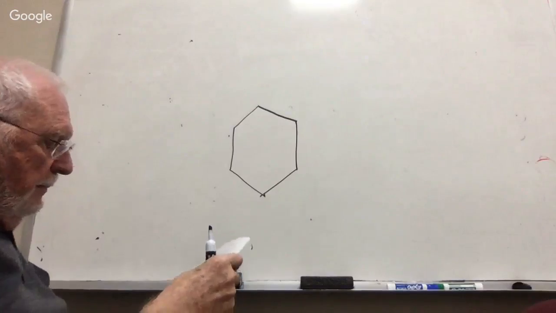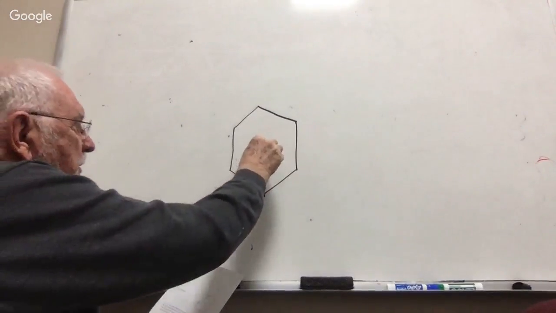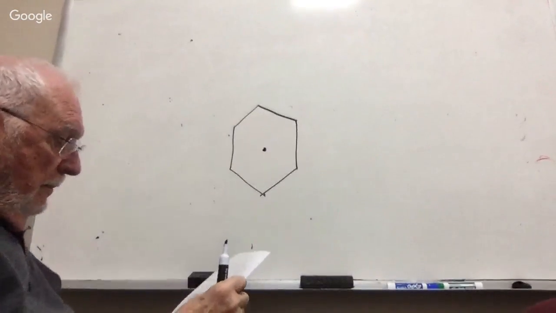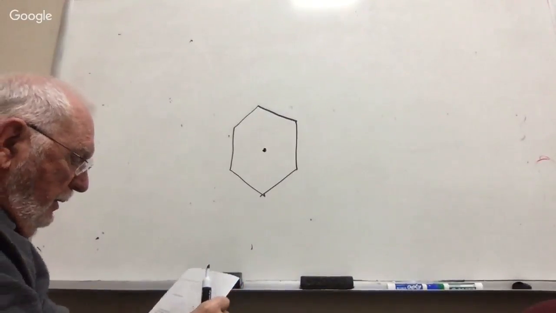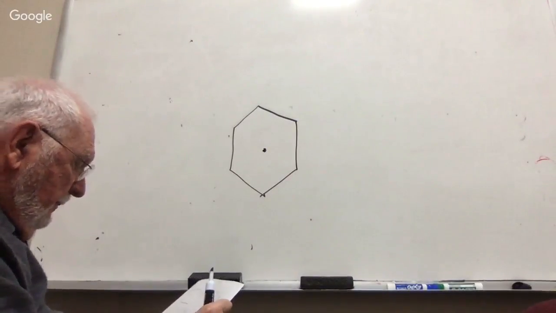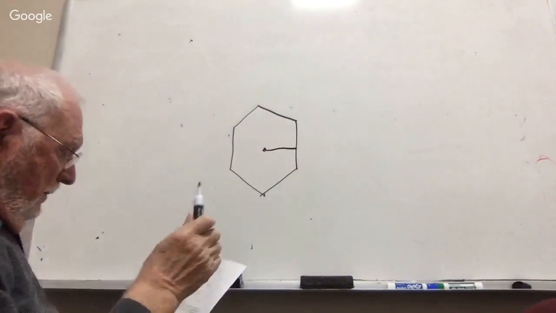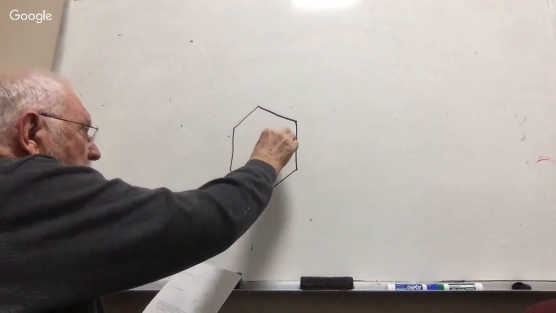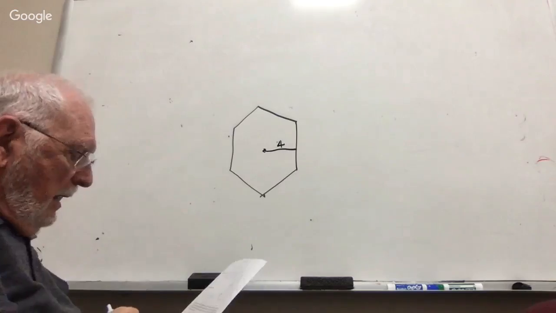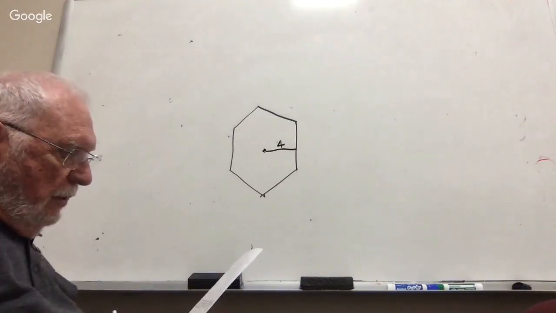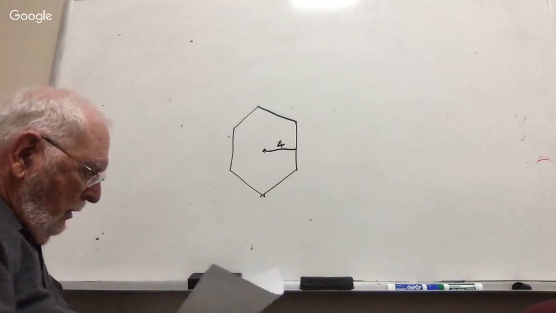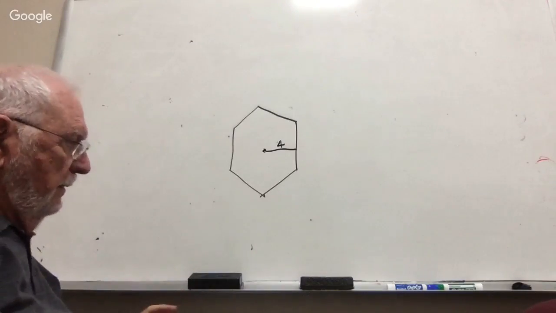The distance from the center of a regular hexagon to a midpoint of a side of that hexagon has a length of 4. Okay. Now, it says find the circumference of the circle that circumscribes the hexagon.